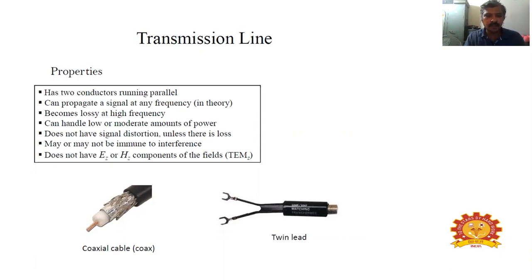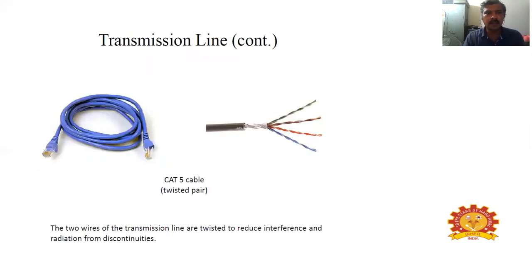Now the figures for the coaxial cable have been shown, as well as a twin lead diagram. And now an image of a Cat5 cable has been shown in the PPT.